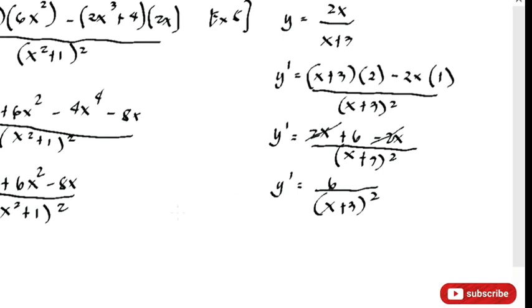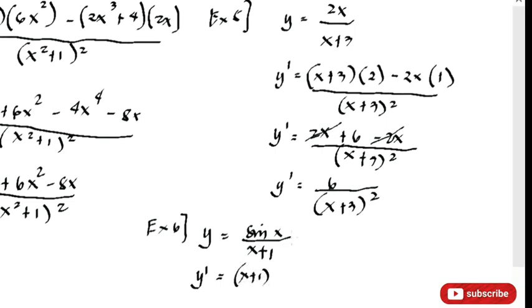One more, example number 6. If we have y equal to sine of x over x plus 1, what is our y prime? Our y prime is equal to the lower, x plus 1, times the derivative of the upper, which is cosine of x, minus the upper, sine of x, times the derivative of the lower, over x plus 1 squared.